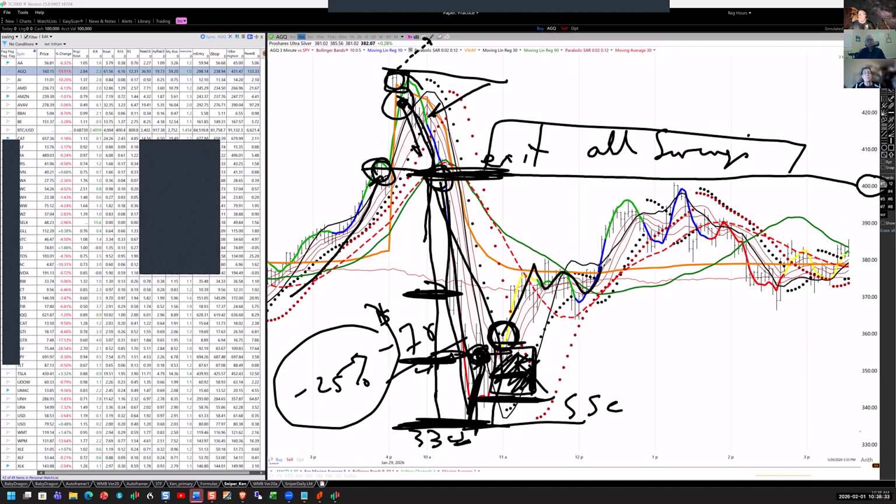When it crosses the VWAP, I add a second position because now I have a low and a higher low, so I feel I can add this. And I'm either going to get out here or here because it can't break a new high.